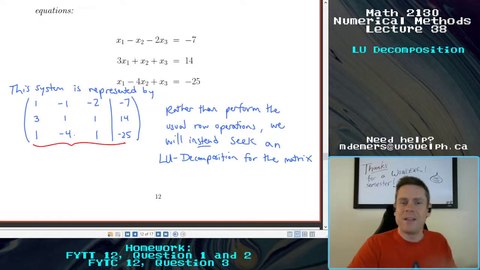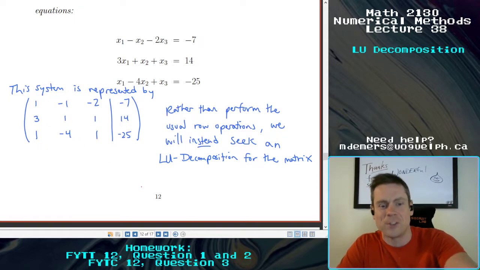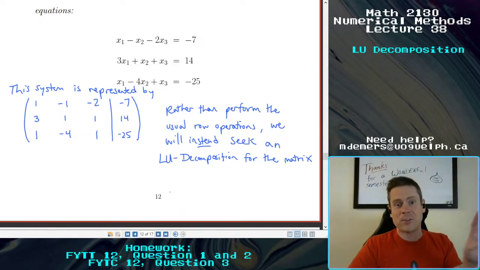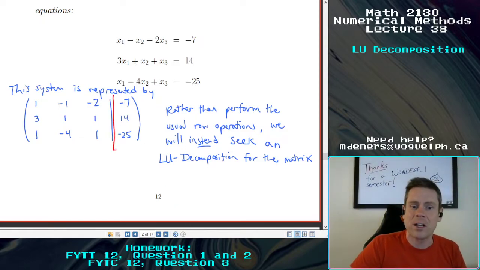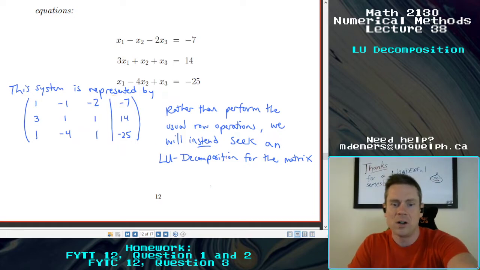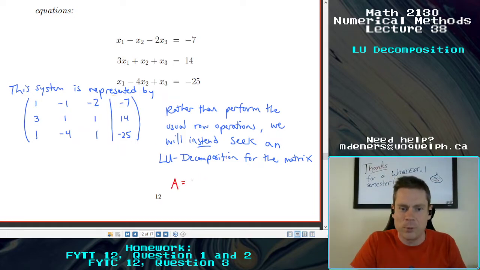It's only going to be the left-hand side. That's the square matrix. That's where there's going to be savings, especially for very large matrices, because we're never going to have to deal with row reduction of those guys. Okay, it's going to be the matrix A equals the left-hand side. So 1, -1, -2, 3, 1, 1, 1, -4, and 1.